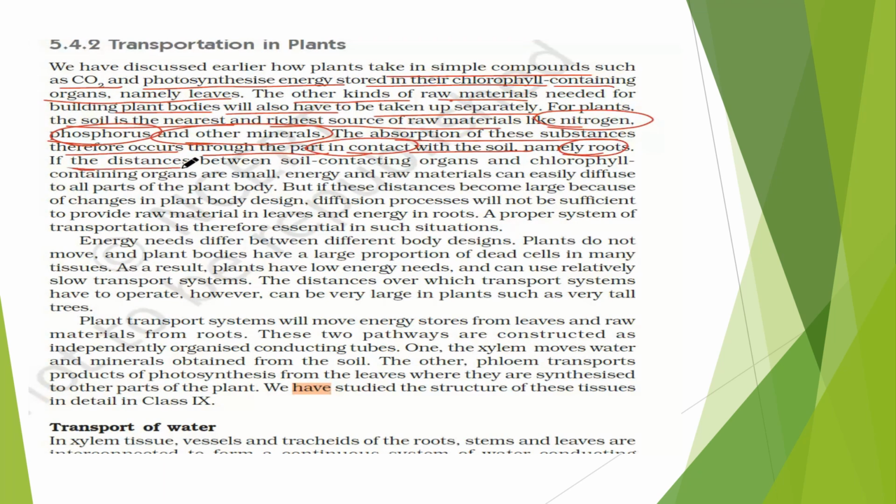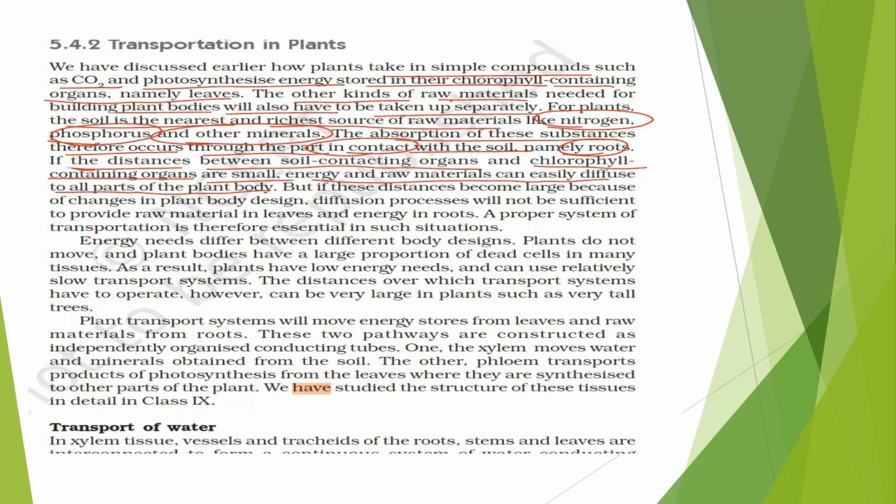If the distance between the soil-contacting organs and the chlorophyll-containing organs is small, then the energy and the raw material can easily diffuse to all parts of the body. Suppose the soil-absorbing organs and the chlorophyll-containing organs are near each other.